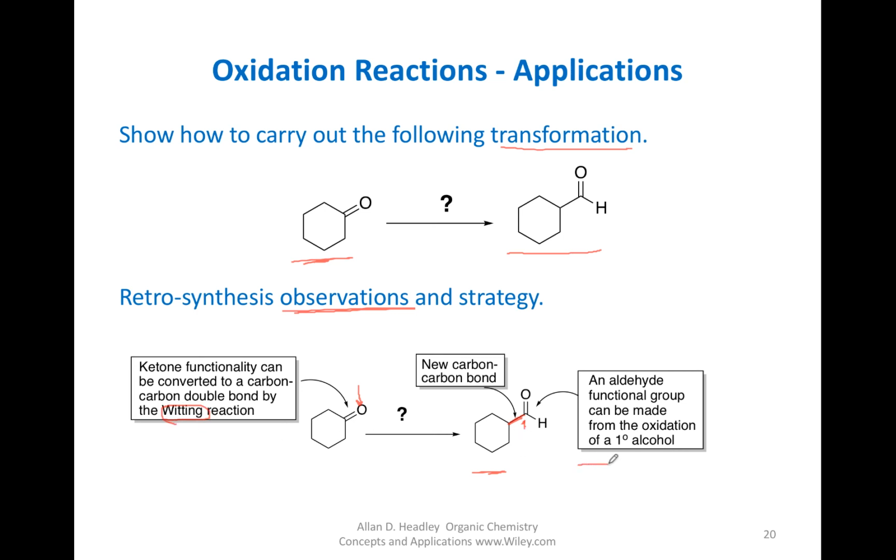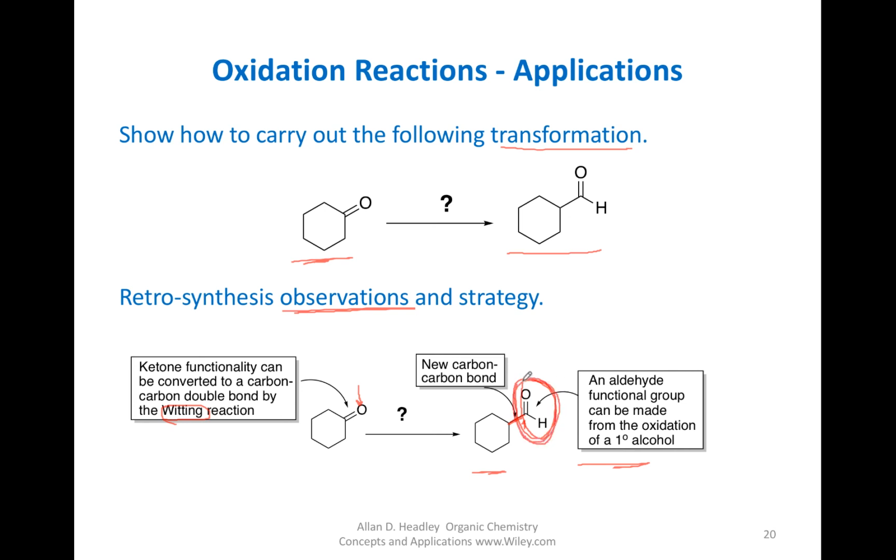Another observation of the product or the target molecule is that there is an aldehyde functional group. So again, you should analyze your target molecule in terms of functional groups. This is an aldehyde functional group.